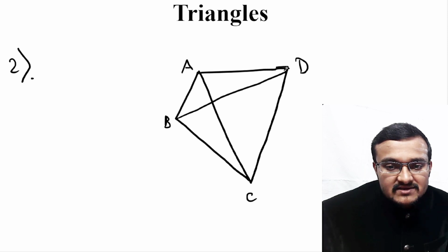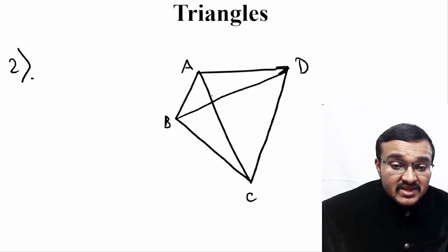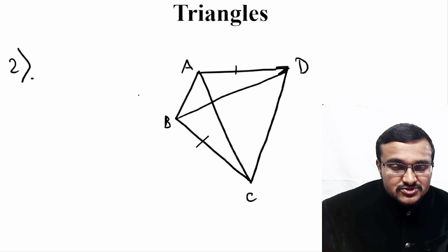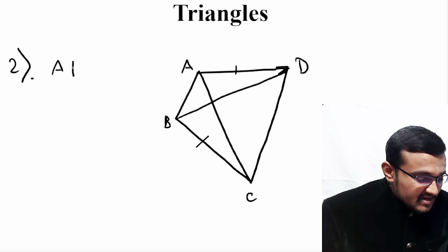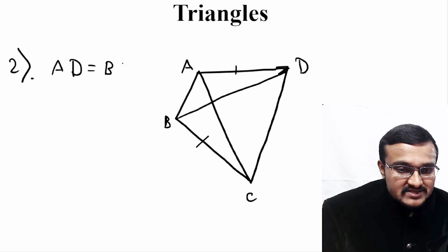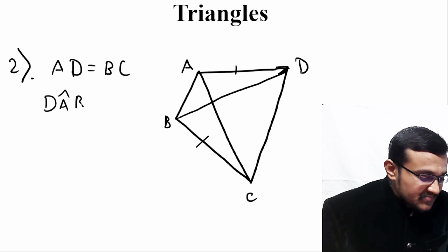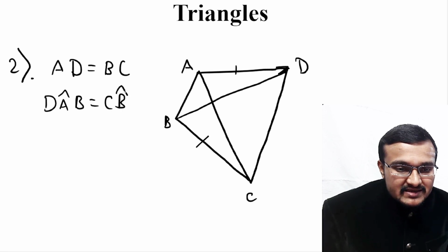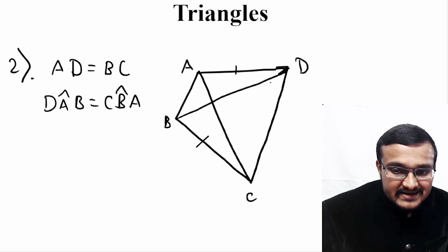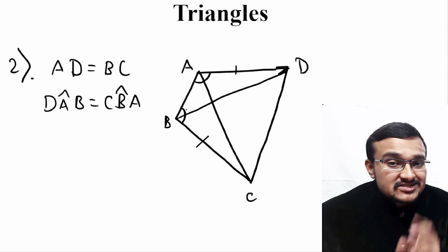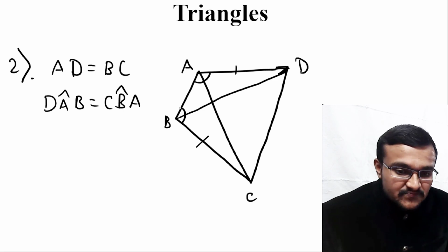These two diagonals are connected with each other. Now you have AD is equal to BC, and they have given DAB is equal to CBA. DAB is this particular angle, CBA is this particular angle. So these two angles are equal to each other.